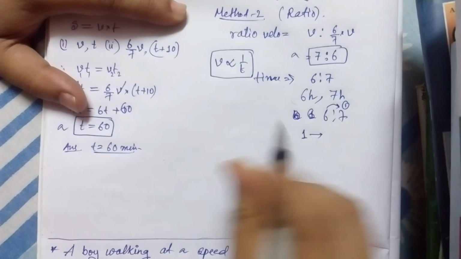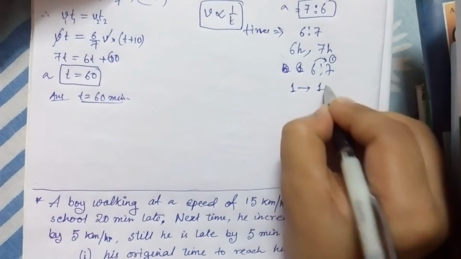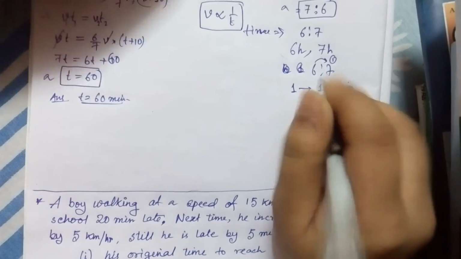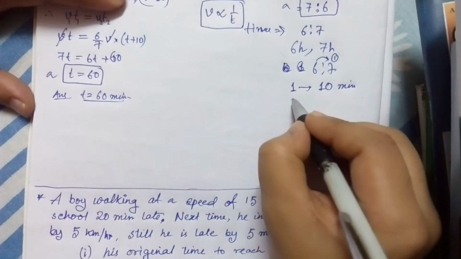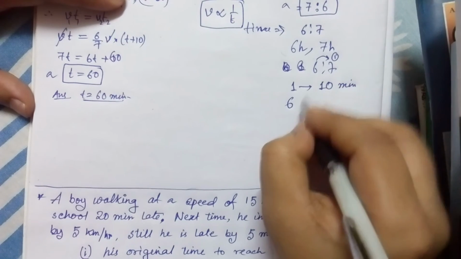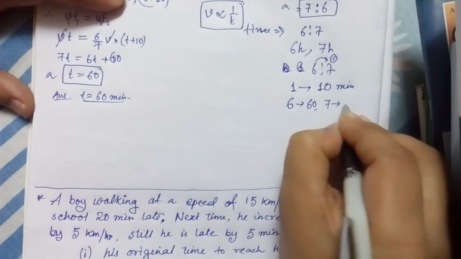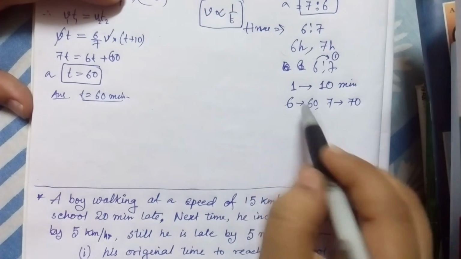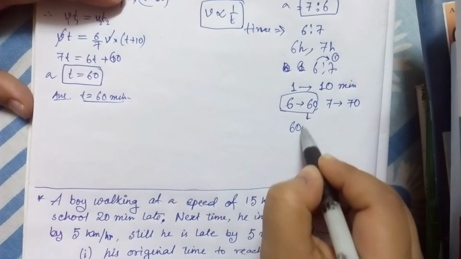For 1 unit it is late by 10 minutes. For 1 unit the difference is 10 minutes. So for 6 units the value will be 60, and for 7 units the value will be 70. So the original time taken was 60 minutes.